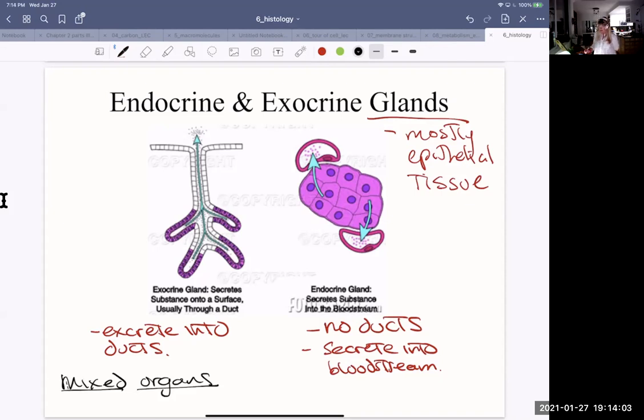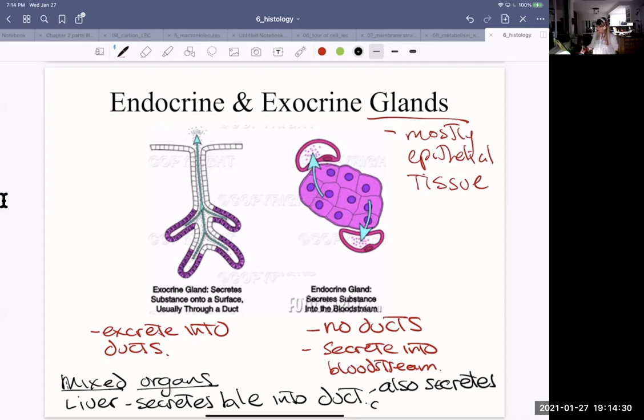The liver, for example, secretes bile into a duct, into the bile duct. But it also secretes albumin into the blood. That's a protein.